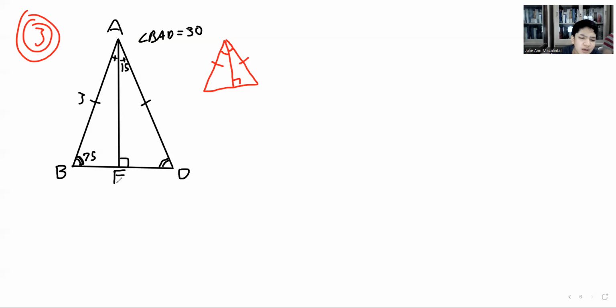So there, I have a use for F. Maybe the law of sines would be good. Sine law for angle FAB.